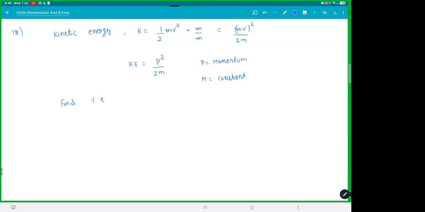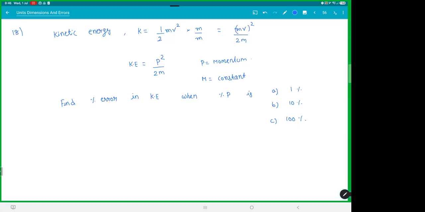Find percent error in kinetic energy when the percent error in P is 1%, 10%, 100%. In the exam, I'll give you 10%. Get them up.